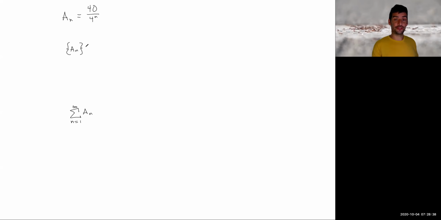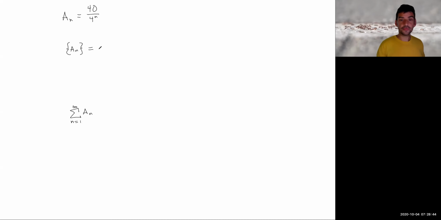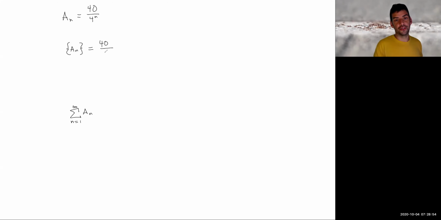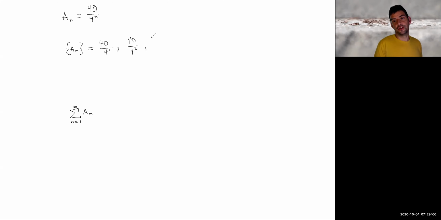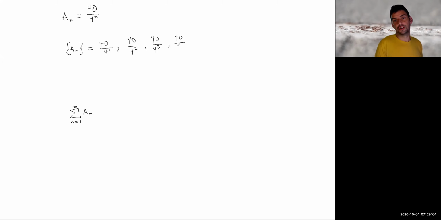This expression, the first one with the brackets, is the sequence. In other words, this is the sequence. We'll start at 1, just like they did on the series. It actually doesn't really change anything about the convergence, but this would be the sequence: 40 over 4 to the 1, 40 over 4 squared, 40 over 4 cubed, 40 over 4 to the 4th, and on and on and on, right?